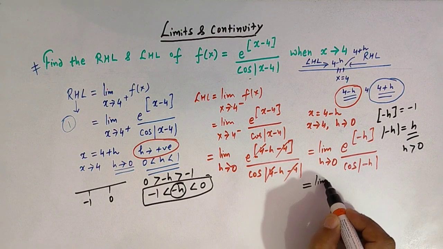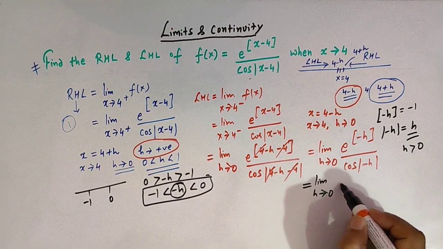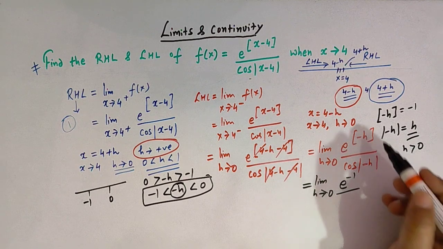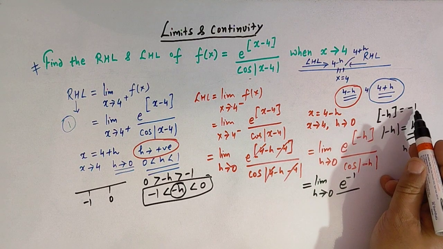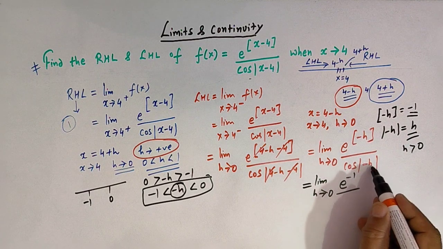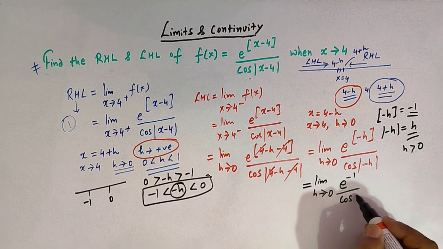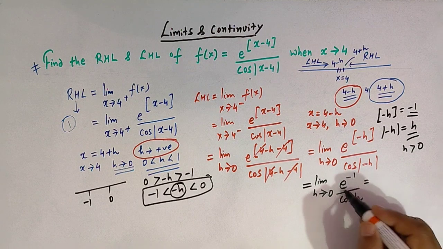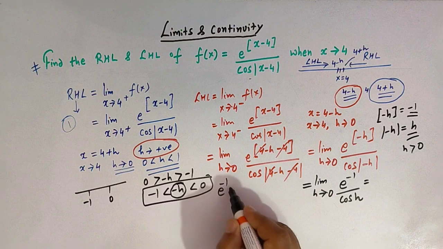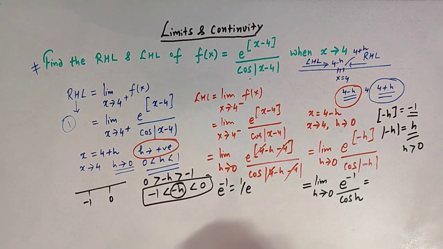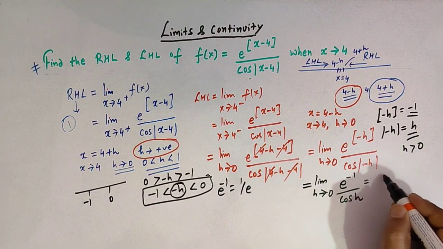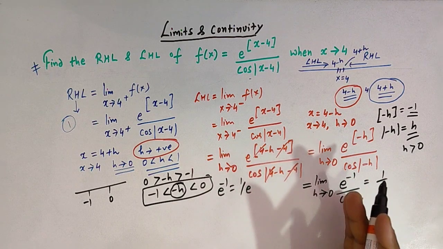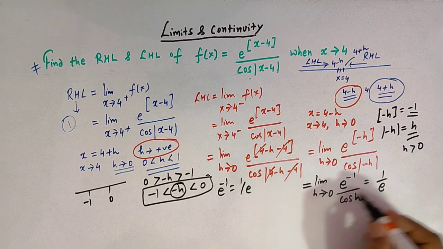So now we have limit h tends to 0, and e raised to, here we have minus 1, right? For greatest integer of minus h we have minus 1, and in the denominator we can simply write cos of h, right? And we see that e raised to minus 1 is 1 over e. So here we have 1 over e, because this is a constant, we can take it outside the limit notation.